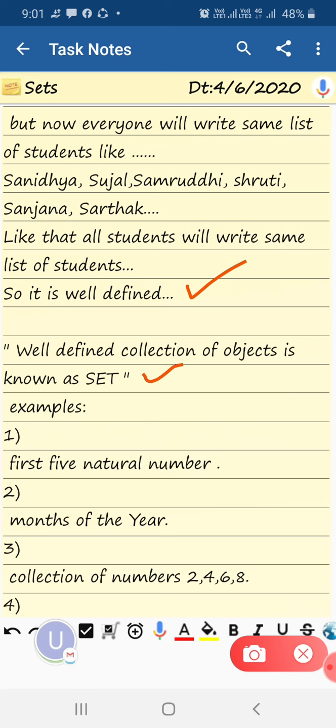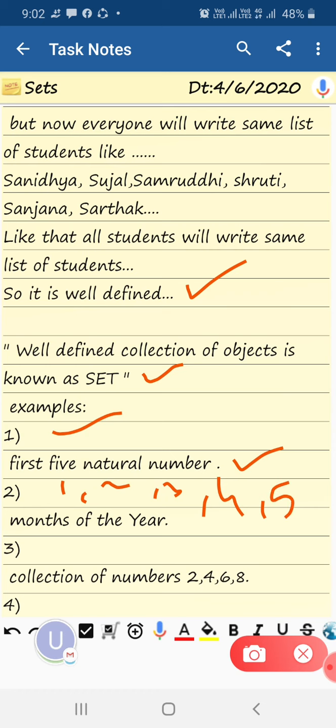Now we will see some examples of set. First example here: first 5 natural numbers. If I ask in your class, definitely all will answer the same, that is 1, 2, 3, 4 and then 5.